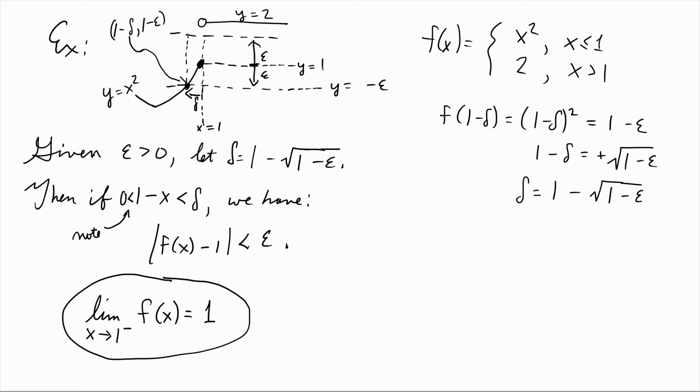Okay, so let's take a look at this example right here. We have this function, and we were looking at this in a previous segment of this lesson. We have this piecewise function, and it is left continuous right at x equals 1.